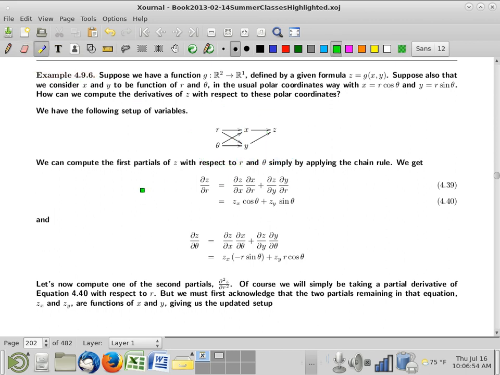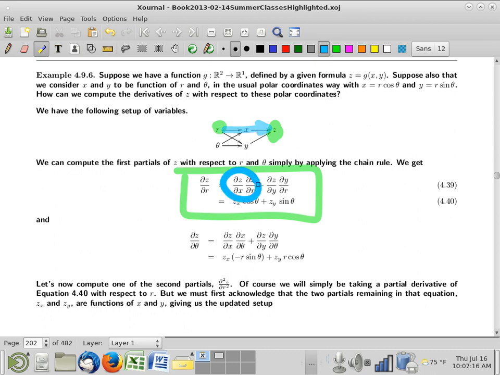Okay, fine. So let's write down a couple of partial derivatives now. If I want to understand the partial of z with respect to r, then there you go. Chain rule. And again, what you have is two terms. There's the propagation of changes by way of the x variable, and then there's propagation of changes by way of the y variable. No big deal, just chain rule.